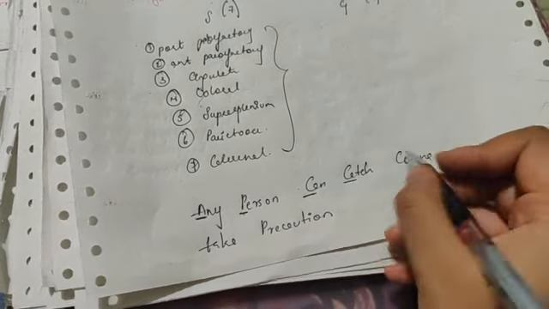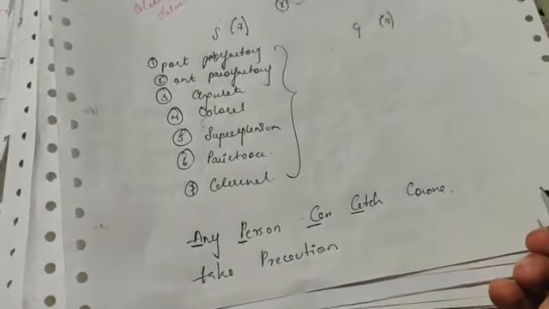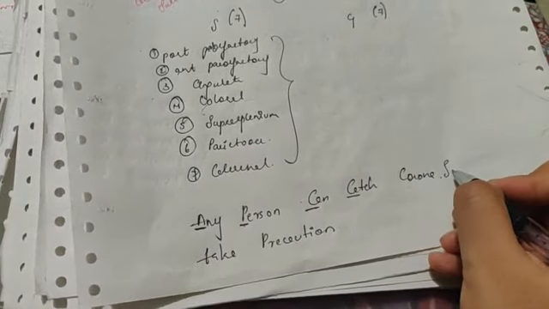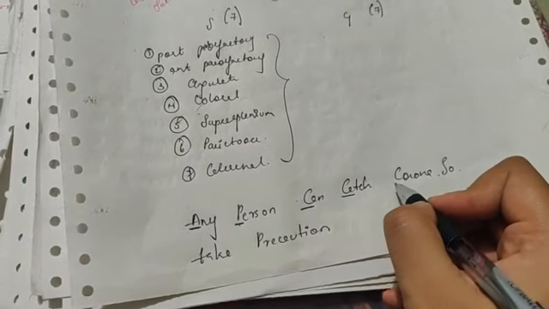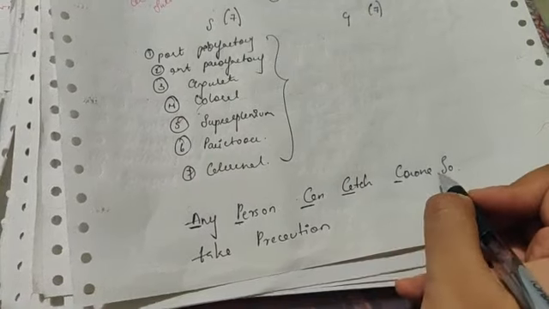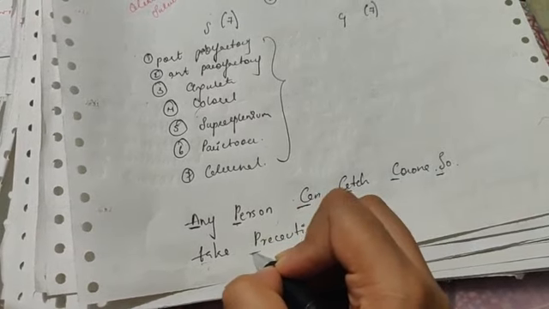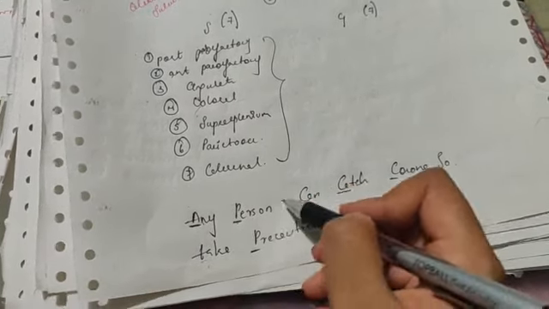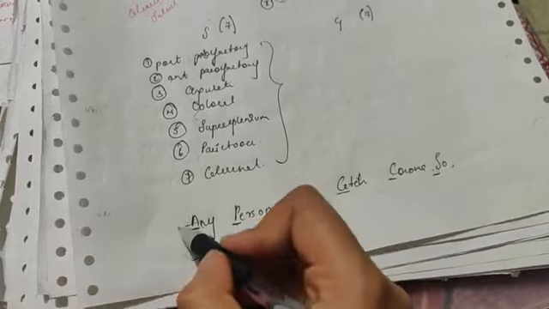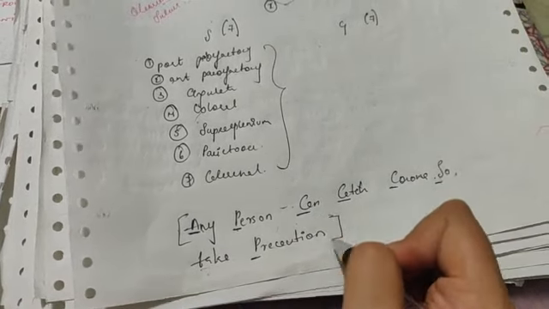This C is for callosal. This C is for calcarine. S is for suprasplenial. There is nothing for the T. P is for parieto-occipital. So any person can catch corona, take precaution. So you can remember all the sulci by this mnemonic.